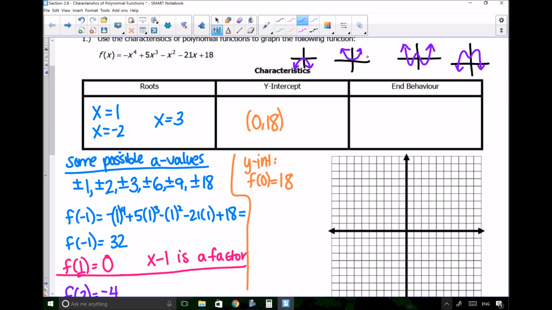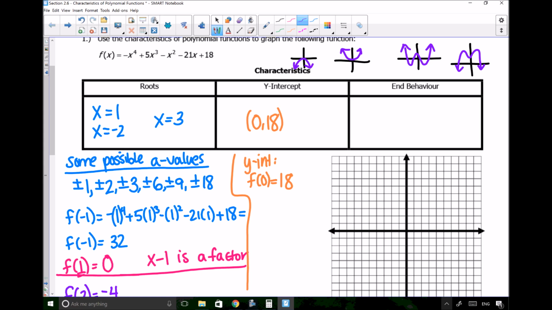Regardless of whether it looks like this or like this right here, it's really important that we see that it's approaching the same spot on both sides of x. So for small values of x, this is approaching negative infinity, but it's also approaching negative infinity on the other side. On both sides of this graph, it's approaching positive infinity. On both sides of this graph, it's approaching negative infinity.